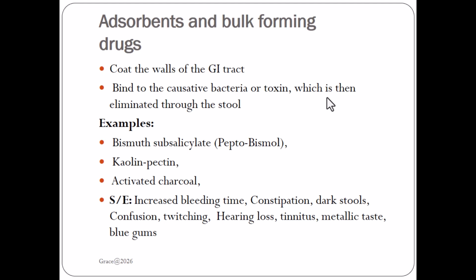Some examples of these adsorbents, we have bismuth, and then we have activated charcoal, and then we have kaolin pectin. Some of the side effects that may arise, we have increased bleeding time, we have constipation, we have dark stool, and then there may be confusion, stretching, hearing loss, and the patient may experience a metallic taste.